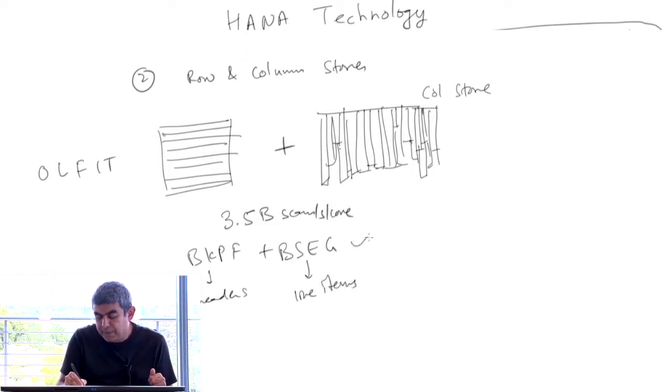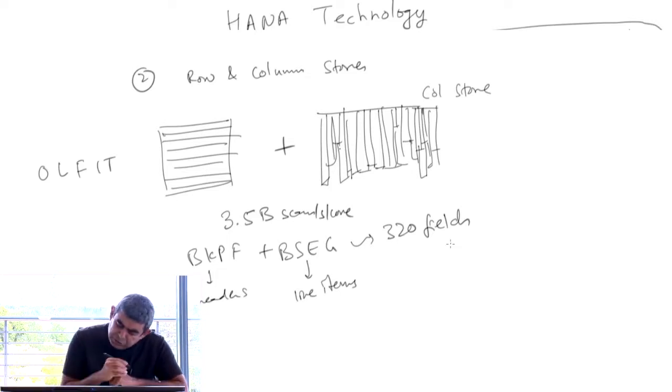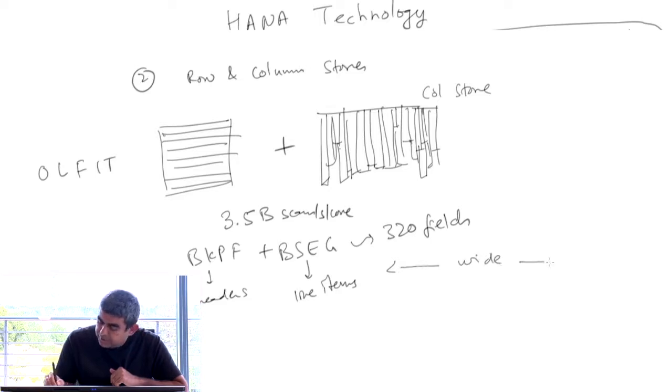And the BSEG table has something like 320 fields in it. The document name, number, type, is it credit, is it debit, it's the address, is it overdue or not, and 320 pieces of information about that. And so it is a very, what we would call, wide data structure.